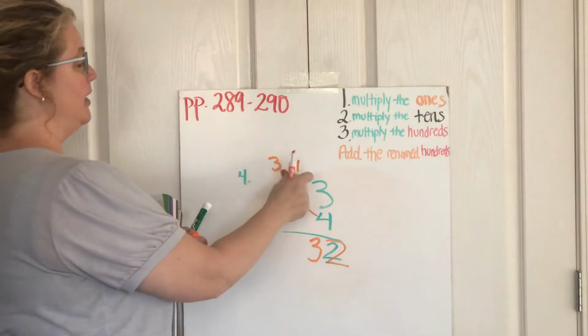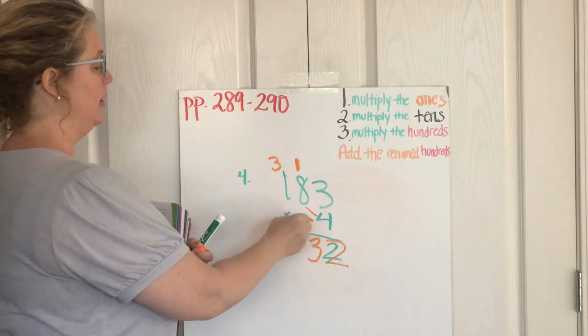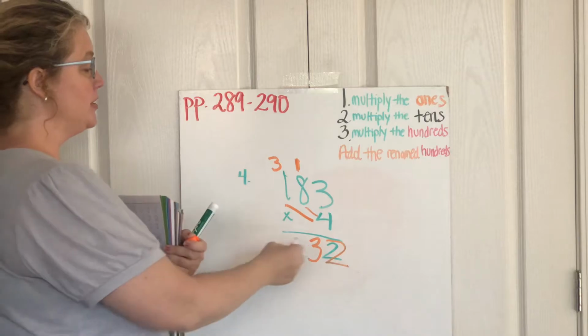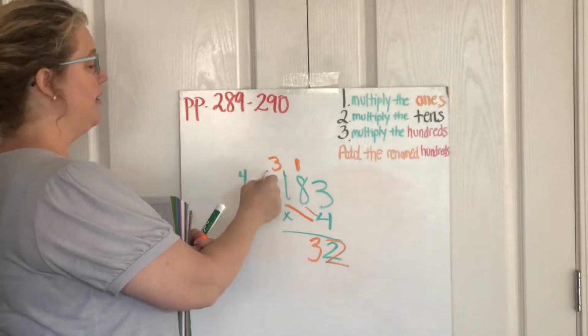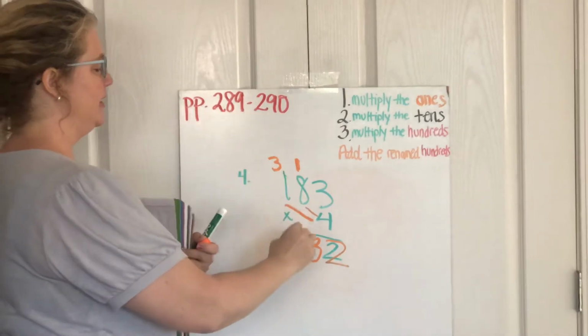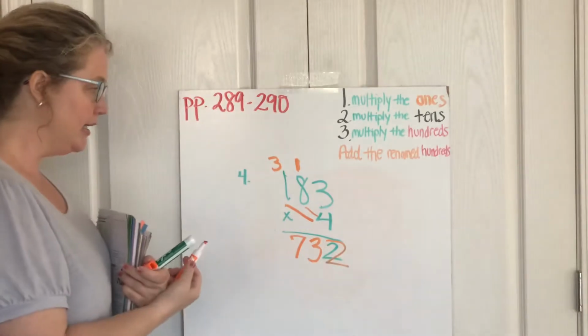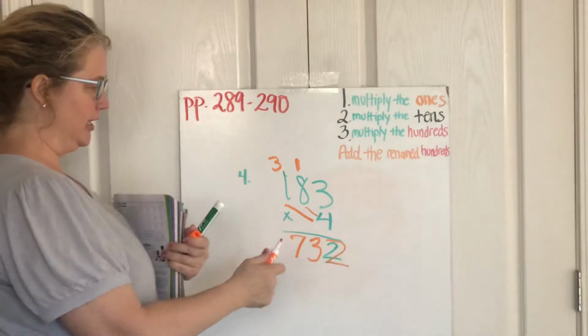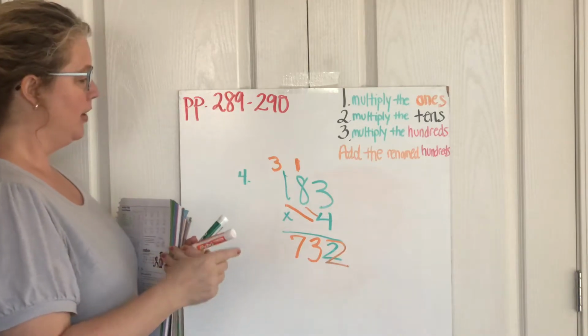I renamed the tens with the 1 and had to add that 1 in. Multiply the hundreds. 4 times 1, 4 plus 3, 5, 6, 7. I just multiplied the hundreds and added the renamed hundreds in. There was 3 to add there. 732.